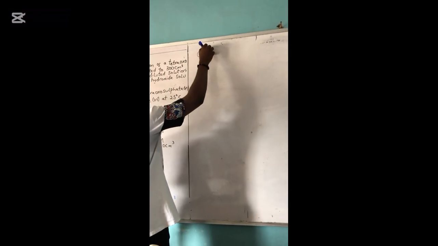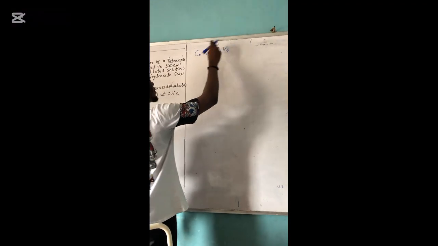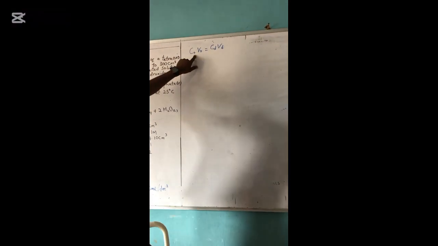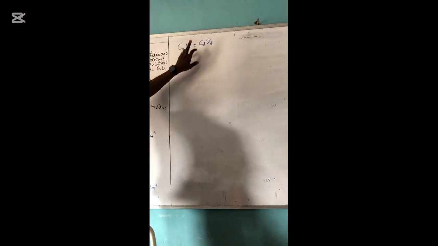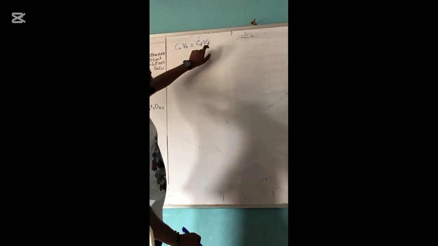So the next thing we need to do is apply our formula for the principle of dilution, which is COVO equals CDVD. This means the concentration of the original solution multiplied by the volume of the original solution equals the concentration of the diluted solution multiplied by the volume of the diluted solution.